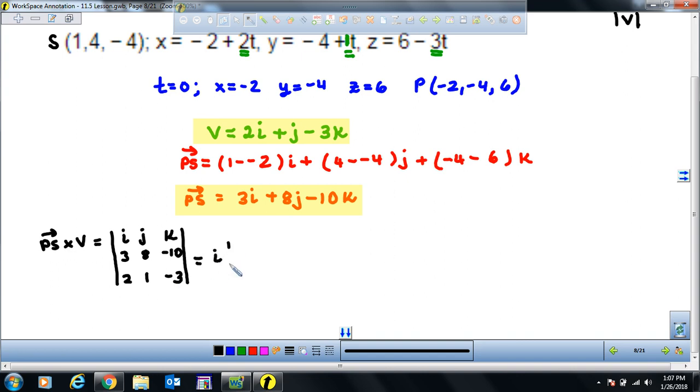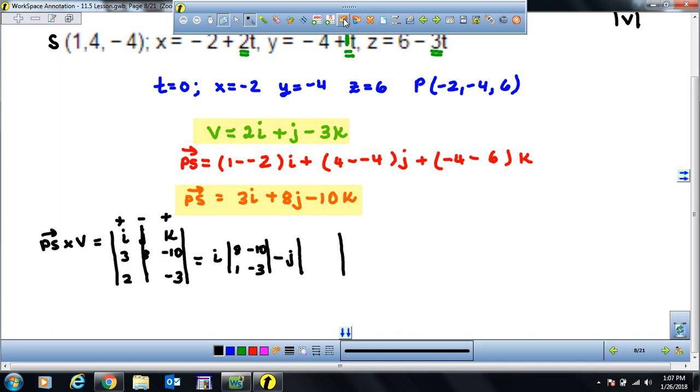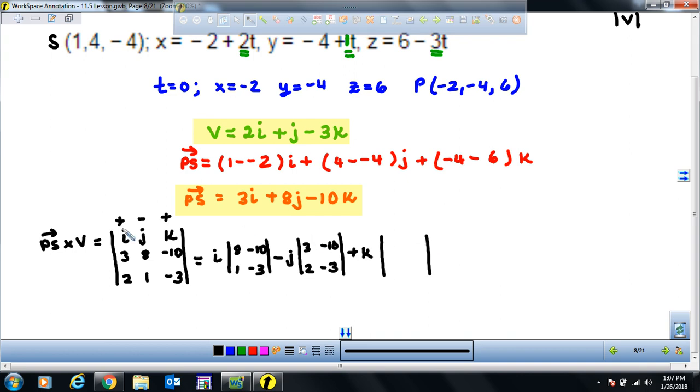So we're going to have I times the determinant of, cover the row and the column, and you have the values 8, negative 10, 1, and negative 3, minus J, remember it's plus minus plus when you do it, so minus J times the determinant of, you cover the row and the column of J, and that leaves you with 3, negative 10, 2, negative 3. And the last would be a plus K times the determinant of, the values that we get covering the row and the column of K will leave us with 3, 8, 2, and 1.